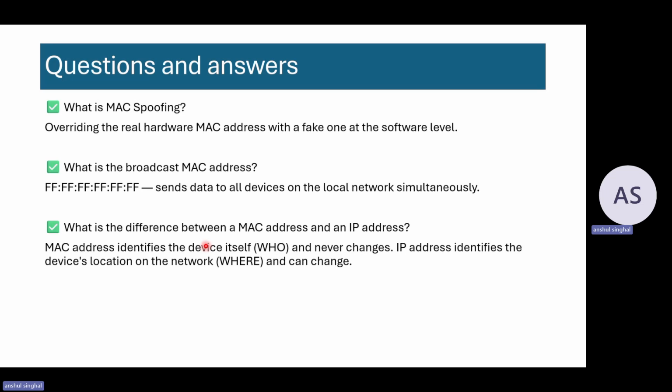Then what is the broadcast MAC address? In the previous part, we went through the Q&A on IPv4 addressing, where we learned that there are two reserved addresses, 0.0.0.0 and 255.255.255.255, where all the octets have 255. That basically means it's a broadcast address.